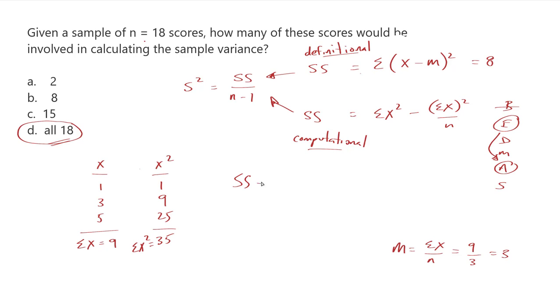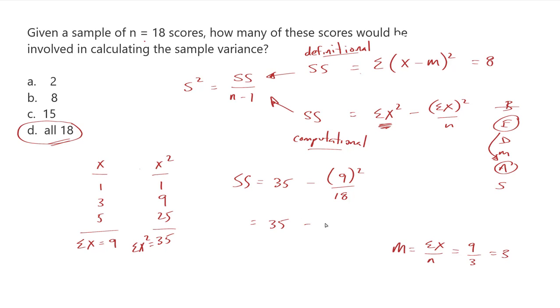So my sum of squares is the sum of x squared, that's 35, minus, in brackets, the sum of x, that's 9. I've got to square that, and then divide by 18. Now 9 squared is going to give me how much? 9 squared is 81. 81 divided by 18 is 4.5.